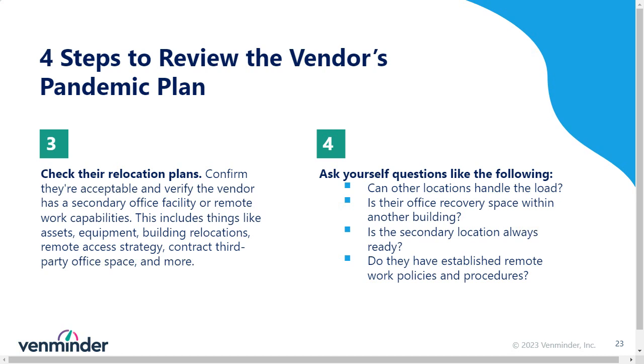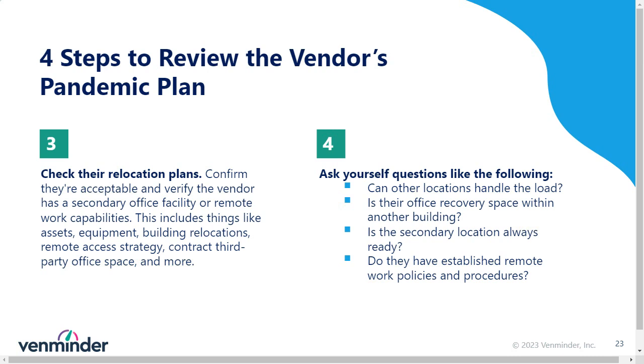Now, I say maybe because it all depends on the criticality of the vendor to your organization. If one of your critical or high-risk vendors does not have a secondary office facility or remote work option, that may be a huge concern to your organization's leadership, and they should know about that, and this may trigger a discussion with the vendor immediately.